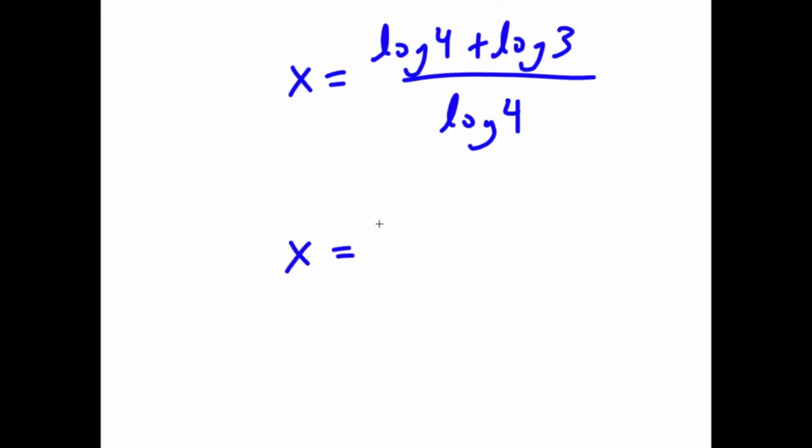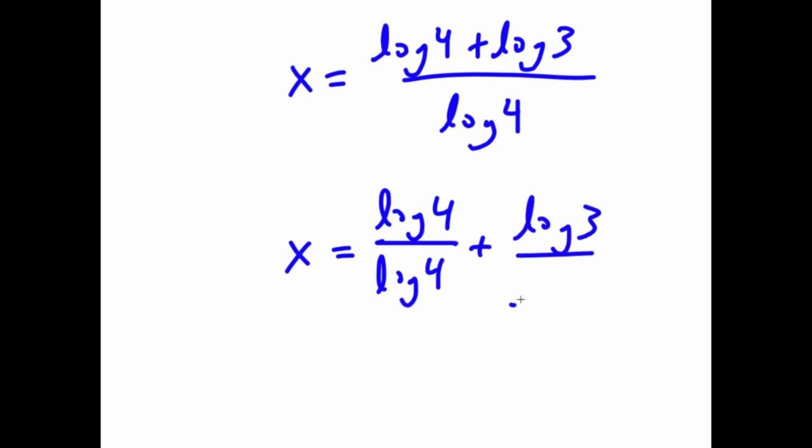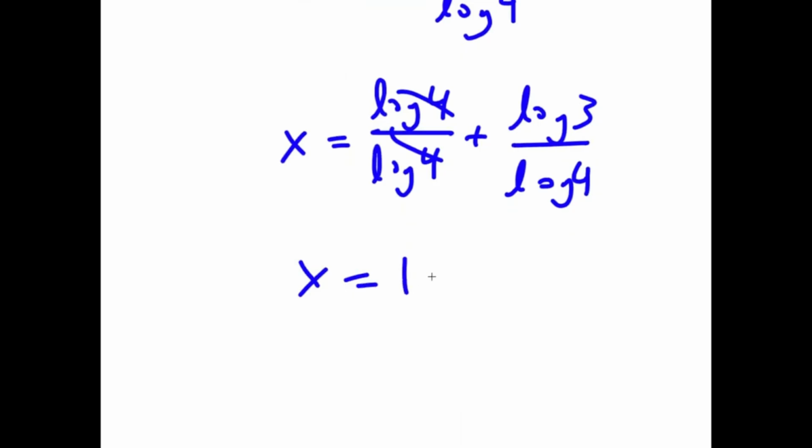So now this is the same thing as log 4 over log 4 plus log 3 over log 4. Now log 4 and log 4 cancel out, so now I get x is equal to 1 plus log 3 over log 4.